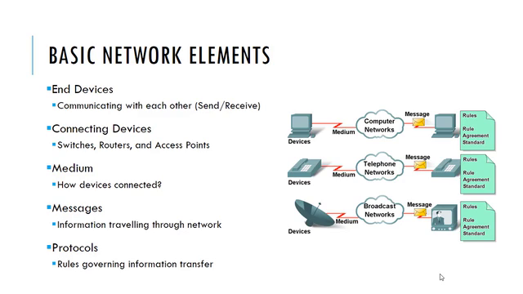The messages are the information that needs to travel through the network, to be transferred, to be communicated from the sender to the receiver. Messages are also the target of the existence of a computer network. We establish a computer network to transfer messages across the end devices for human users.